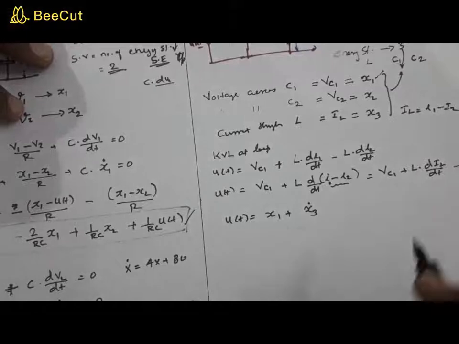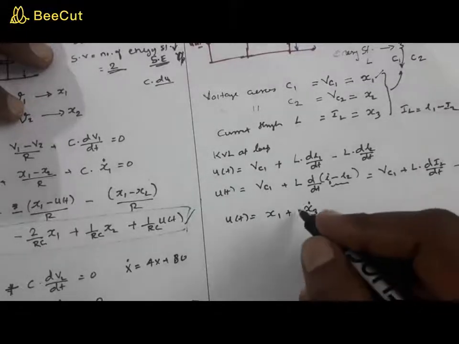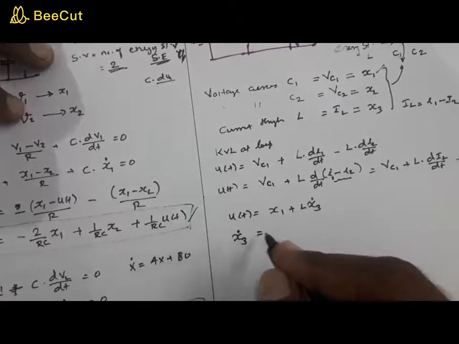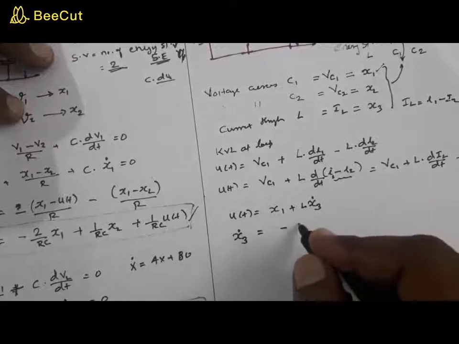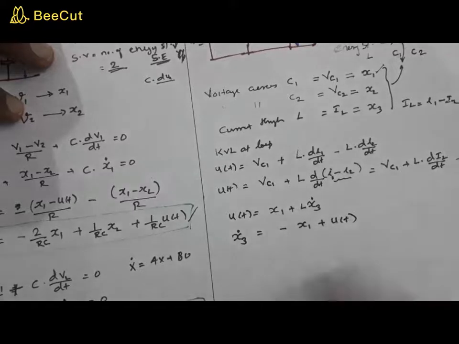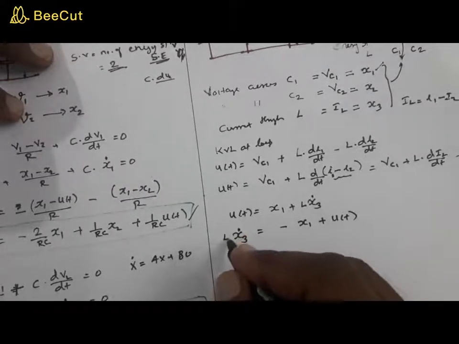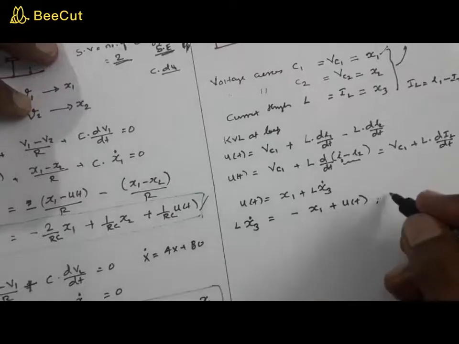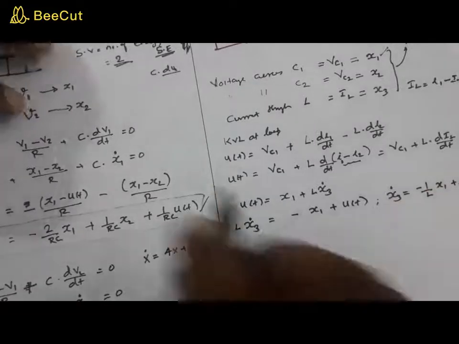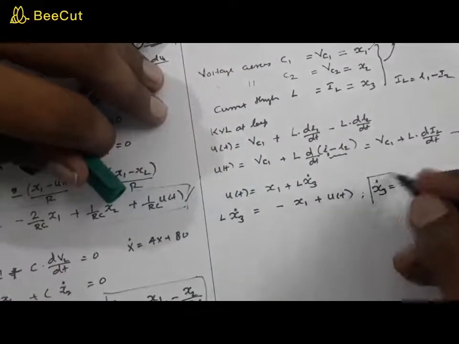From this you can evaluate x3 dot as minus x1 plus u of t, so L into x3 dot, or x3 dot will be equal to minus 1 by L into x1 plus u of t into 1 by L. So this is your x3 dot.